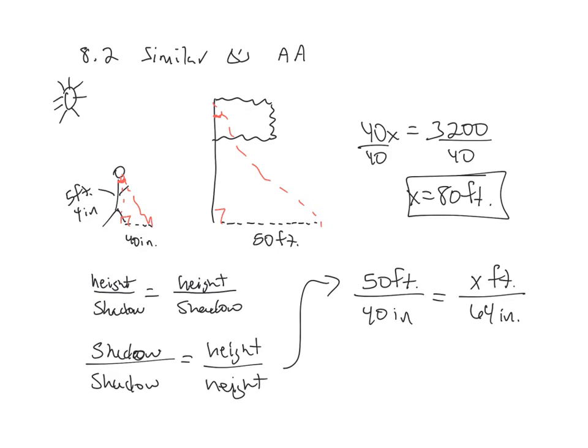Another way to use similar triangles is, let's say we had a river, and we wanted to know how far it was from one side of the river to the other. And again, you don't just get a tape measure and go from one side of the river to the other side.